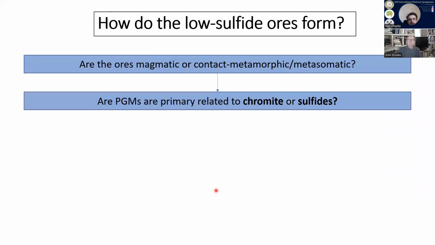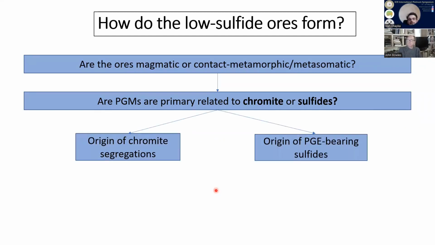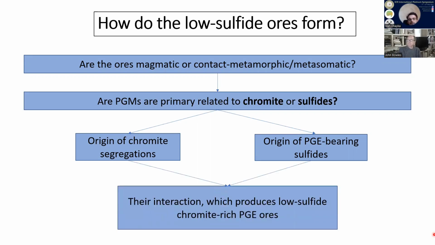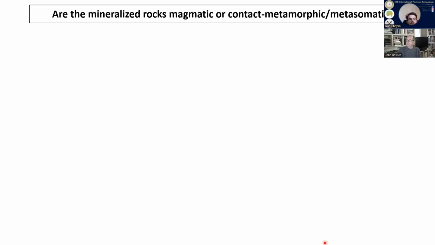Then, are PGMs primarily related with chromite or sulfides? And then we should understand the origin of the chromite segregations, and if the PGMs are concentrated by sulfides, the origin of sulfides. And finally, we should figure out what kind of interaction between sulfide and chromitite results in formation of high tenor PGE ores.